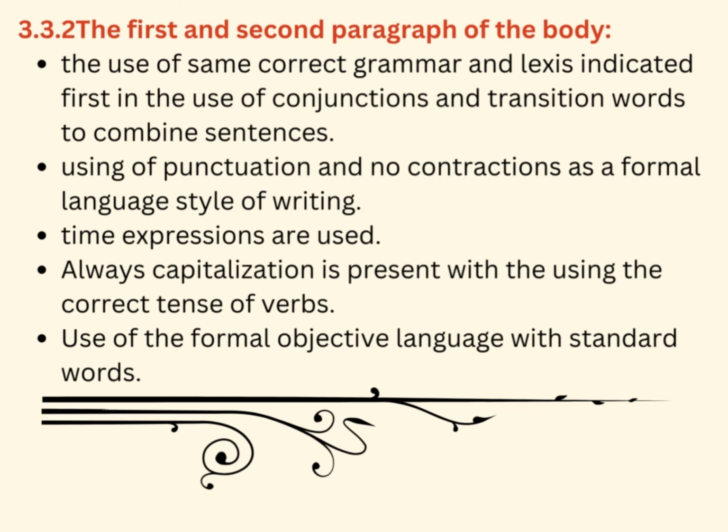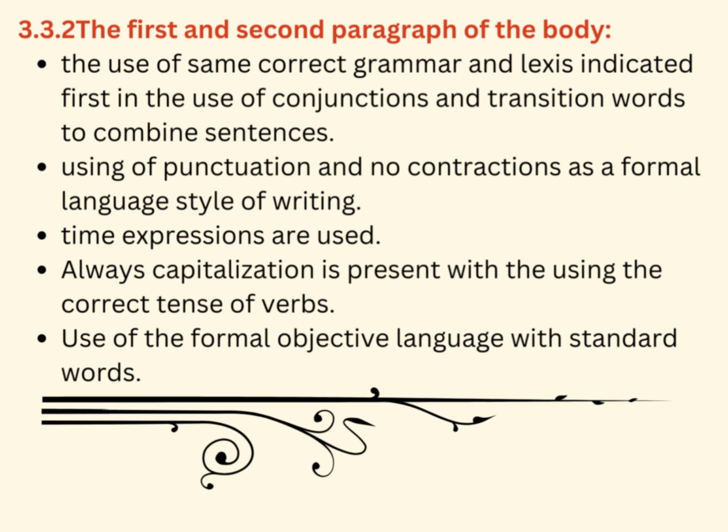Furthermore, time expressions are used, for example, now, for 4 to 5 years, etc. Capitalization is always present, with the correct tense of verbs, for example, present perfect, present simple, past simple, etc., according to the situation to explain, of course, without forgetting the formal objective language with standard words.